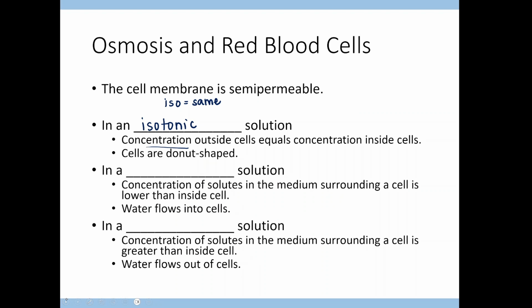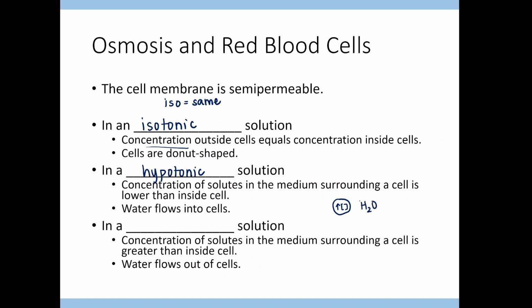In a hypotonic solution, the concentration of solutes in the medium surrounding a cell is lower than inside the cell. So that means that inside the cell, if we draw a circle, this is the cell, there's a higher concentration of solutes than there is outside.